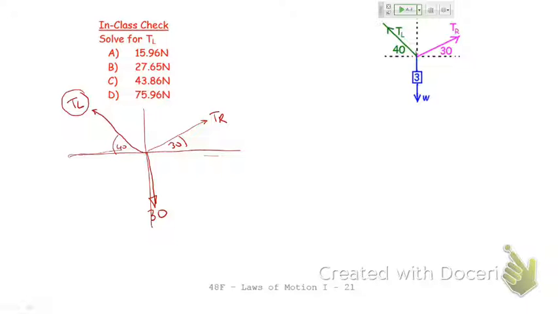So you've got to focus on T right. I'm trying to find T left, so focus on T right and say, what axis does this force have no component in? And it's going to be what's orthogonal to it. So I'm going to go, let's get a different colored pen.